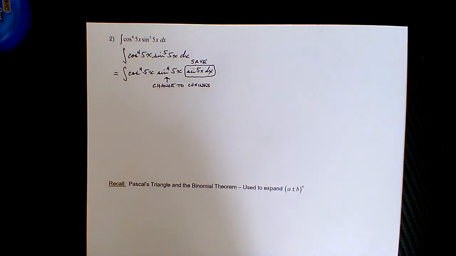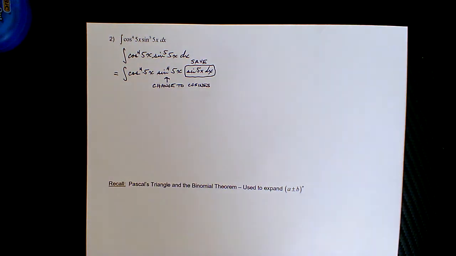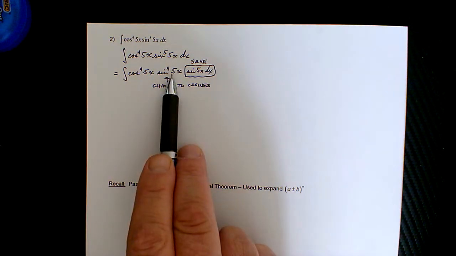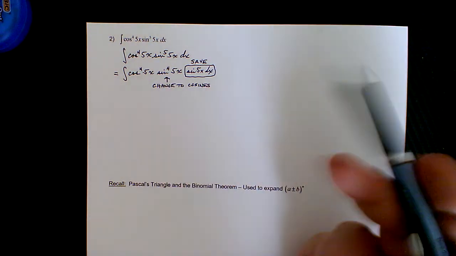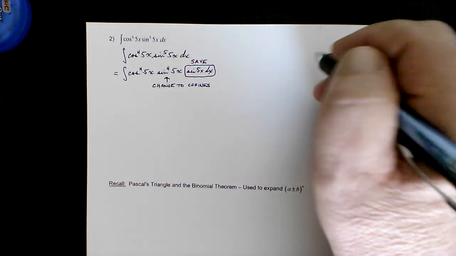Now, it was easy in the last example because it was just cosine squared, and so we had the identity immediately. But it turns out that any even power of sine or cosine can be transformed to the other, cosine or sine, by the Pythagorean identity, because consider this.